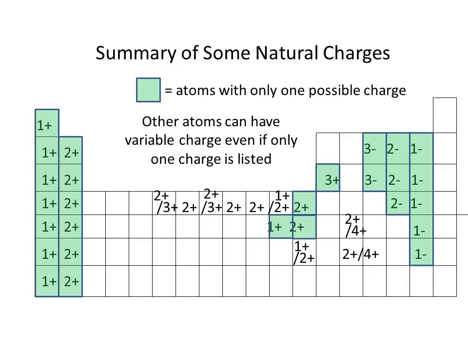And there's some others over here. For instance, this is chromium, manganese, iron, cobalt, nickel, and copper. The only transition metals that we will use regularly will be iron and copper. Know the charges for iron and copper, these 2 elements right here.